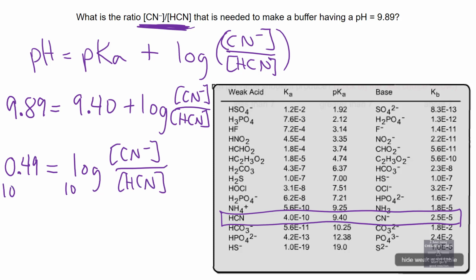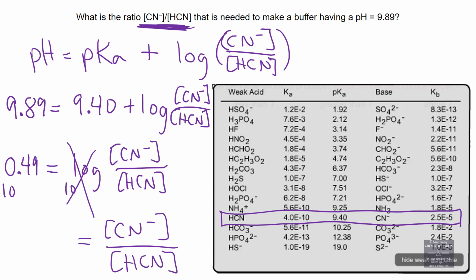And so if I 10 to the both of those sides, that makes my log go away. So 10 to the 0.49 would give me my cyanide to HCN ratio. If you had chosen the other equation, you would just have to do the reciprocal here. But yeah, 3.09 is the answer I get.